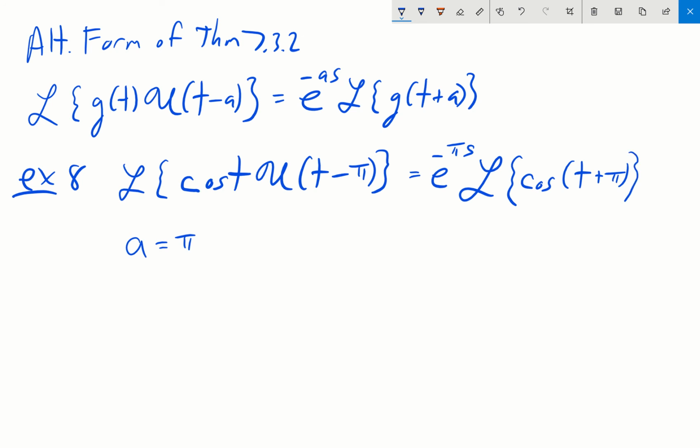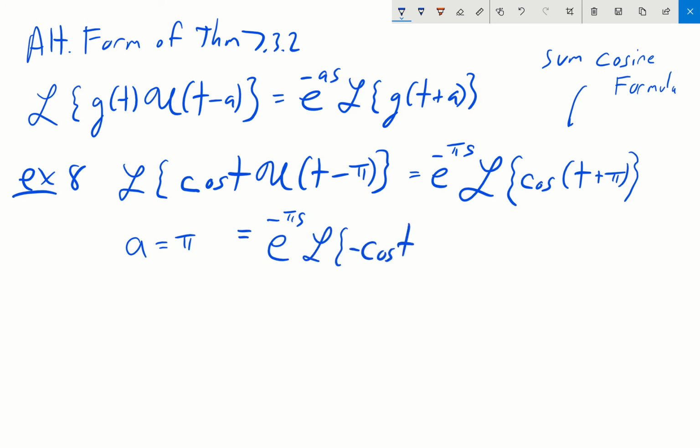One of the things that you could very quickly figure out, if you use the identities from trigonometry, you could use the sum cosine formula. Or you can think of this as kind of like a shift of pi for the cosine. But essentially, you can show that that's going to be the same thing as the negative of the cosine of just t.